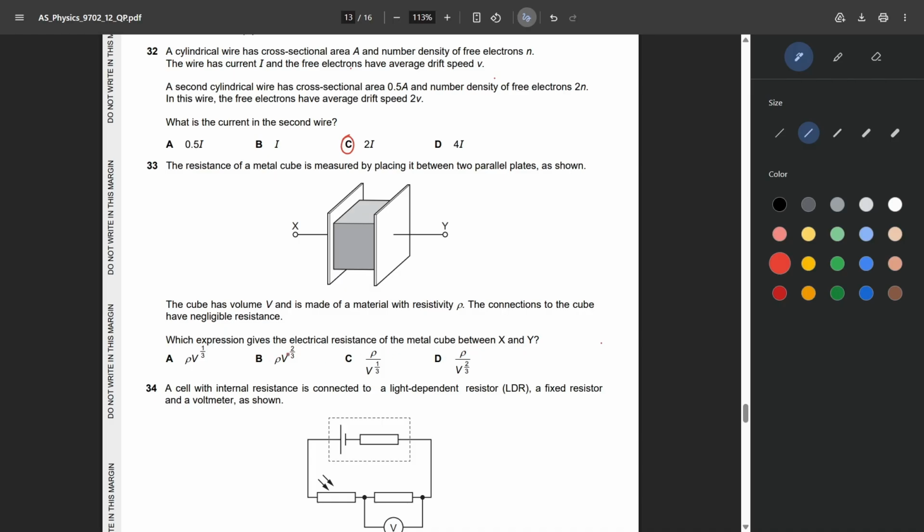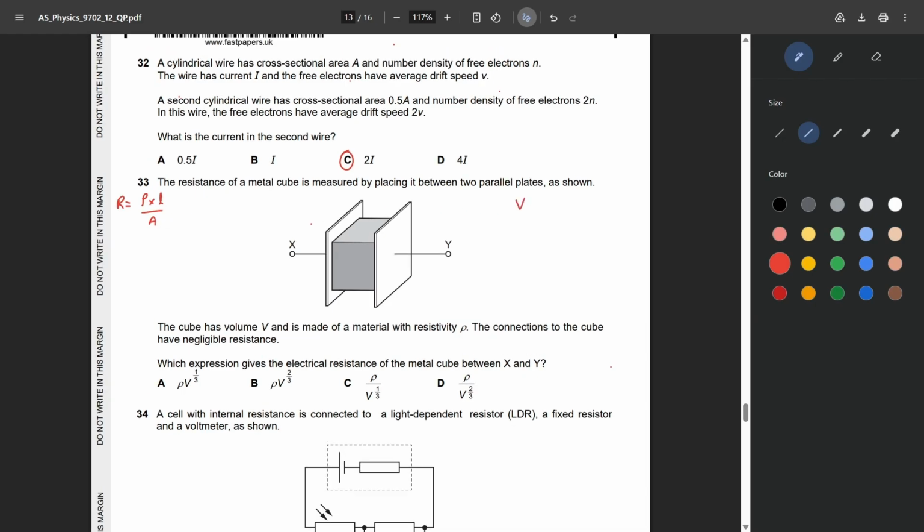Okay. The resistance here is written in terms of the resistivity and the volume. We know that resistance R is equal to resistivity times length over the area. Now we know that the volume of a cube is V equals L cubed, right? So writing L in terms of V gives us L is equal to the cube root of V, which is V to the power of 1/3.